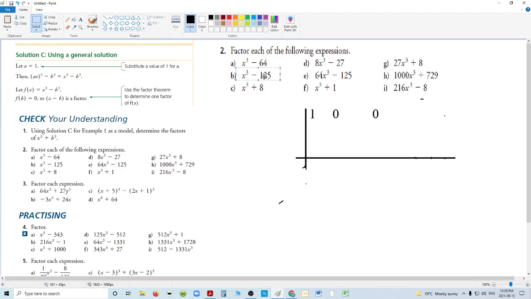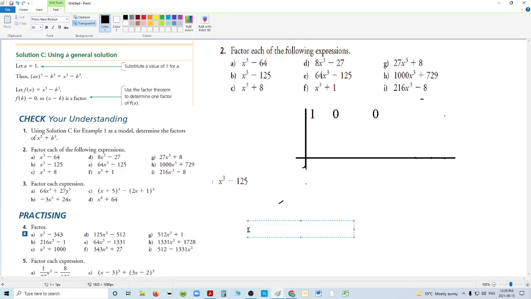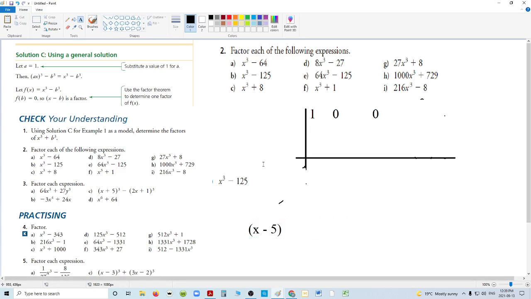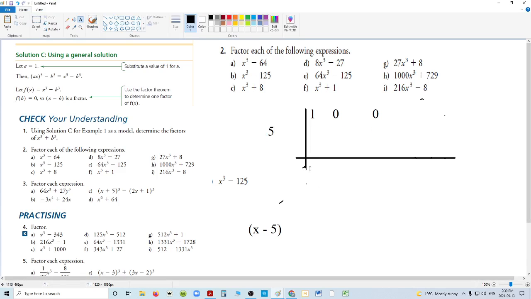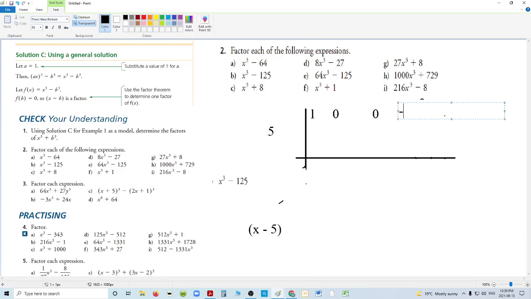What do you think the basic root that we're going to be working with is here? Well, the basic factor we're going to be working with here is clearly x, which is the cube root of x cubed, and minus 5, which is the cube root of minus 125, which means the root that we're working with is positive 5 in synthetic division. The last term here is minus 125.